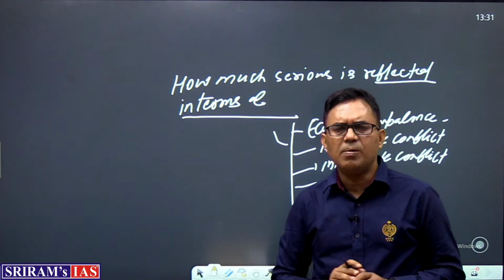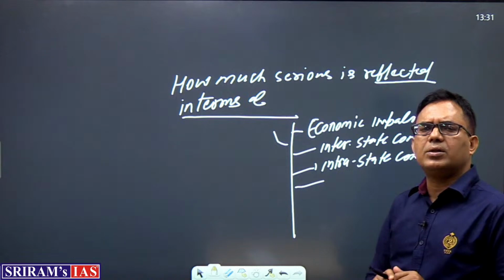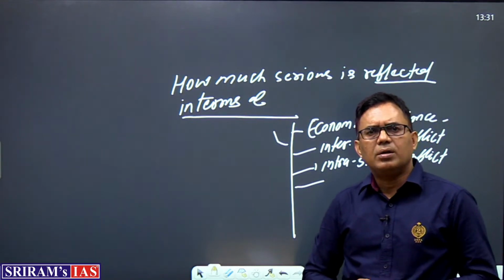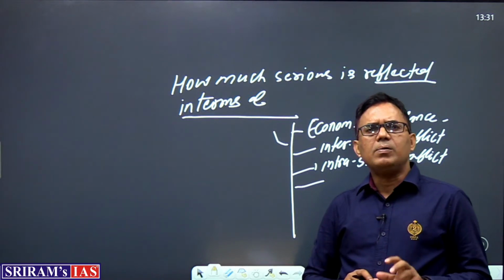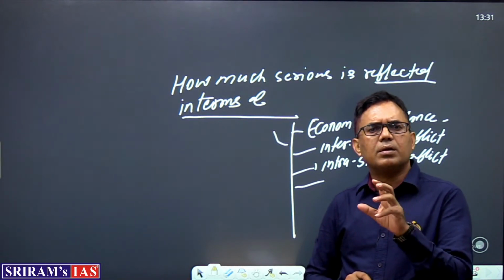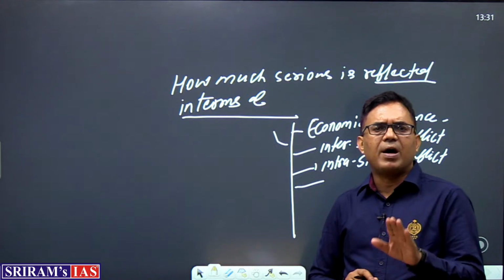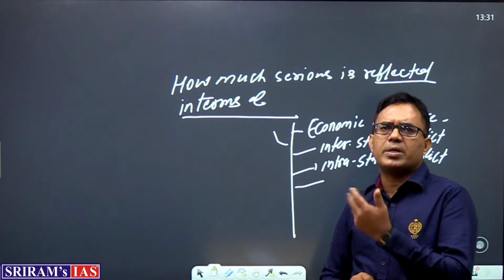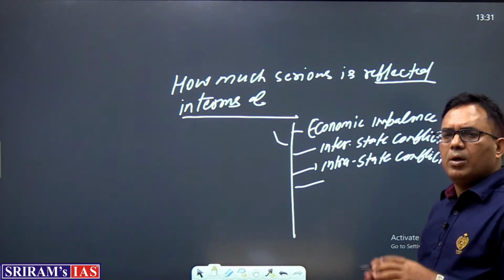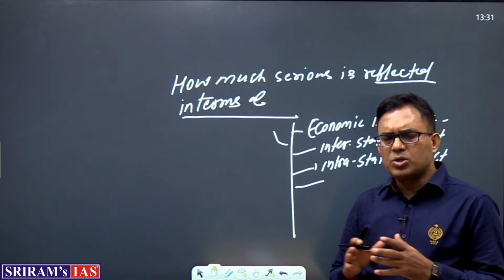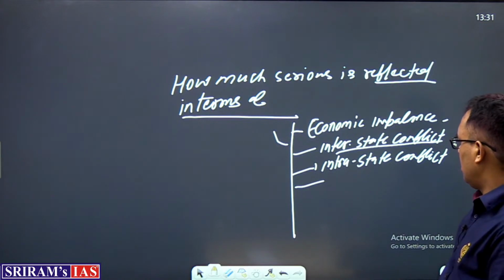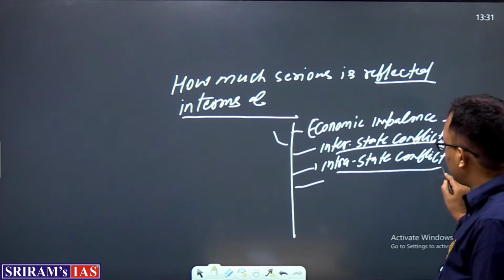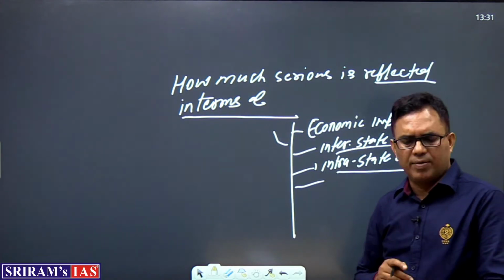Sometimes some areas, if you go to Jharkhand, Chhattisgarh, Orissa, these are mineral-rich areas, but despite that, in terms of developmental indicators they are far lower compared to states like Gujarat and Maharashtra. So sometimes this leads to interstate conflict, and sometimes within the same state there may be the possibility of intrastate conflict.